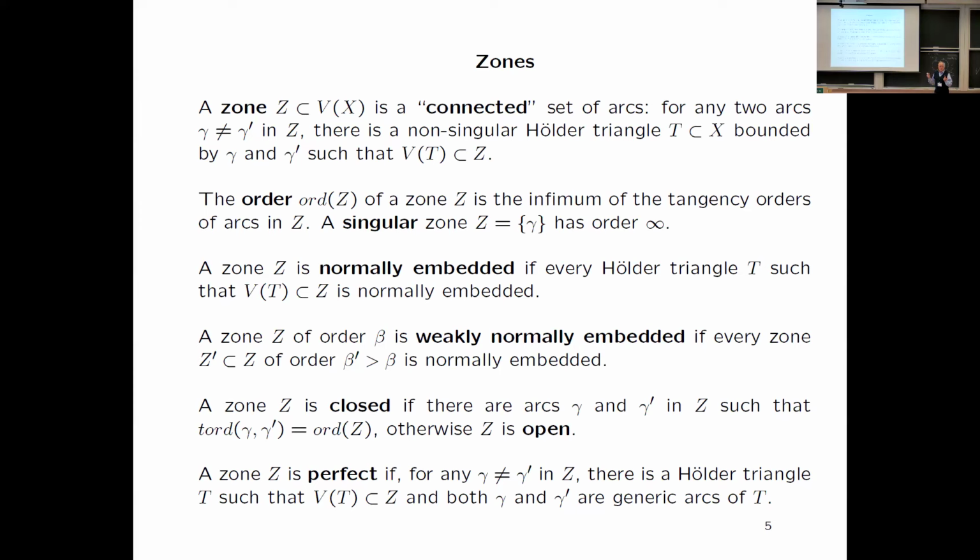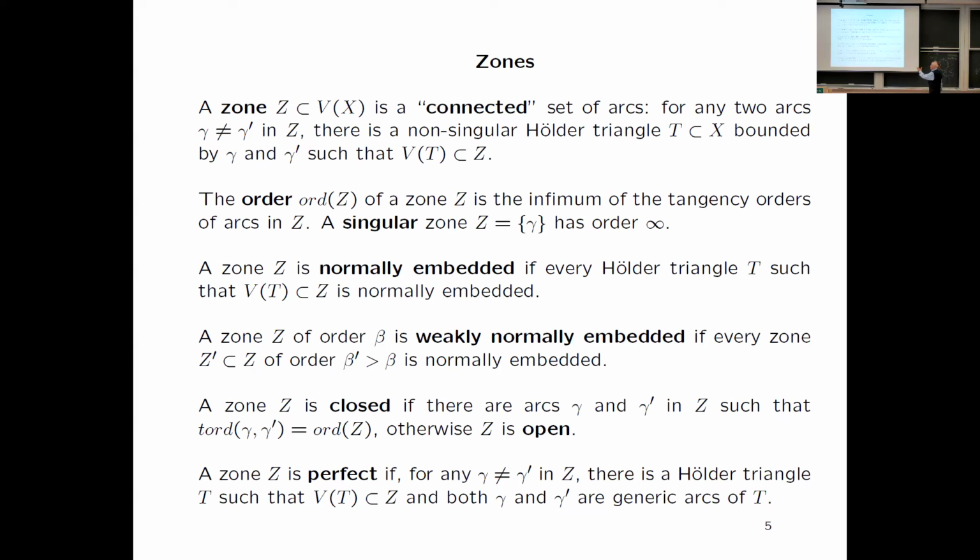If you have two arcs in this zone Z, you're looking at the minimal value of the exponent, so that the arcs are furthest away from each other, and for some zones, its minimal value indeed is achieved. There is a couple of arcs with this beta tangency, and that we call the zone closed. If it is not achieved, it's an infimum, then it's open.